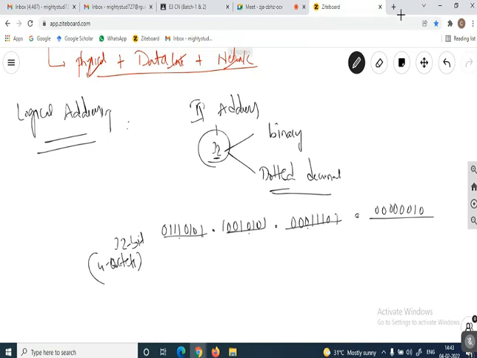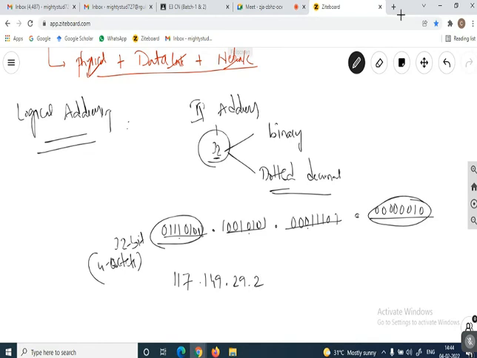At the same time, each and every byte is represented as a decimal number. So the decimal equivalent of this will be 117.149.29, and here the value is 2. Yes, right, so it is equal to 2.